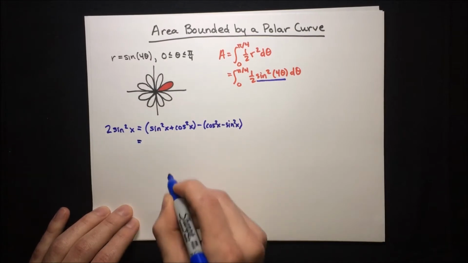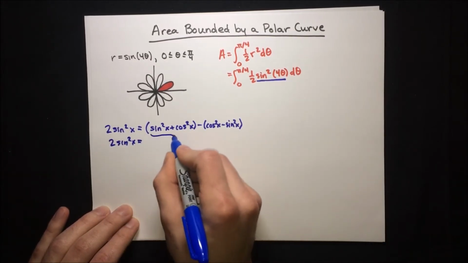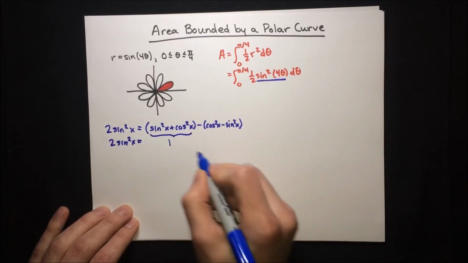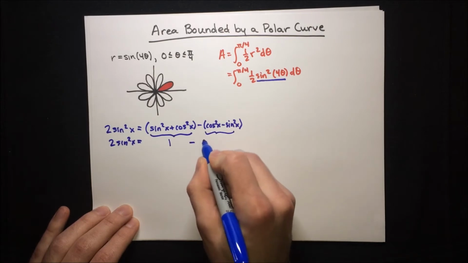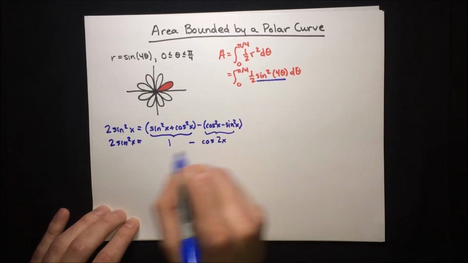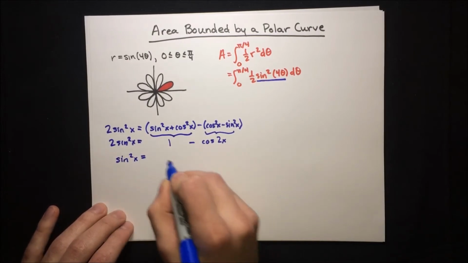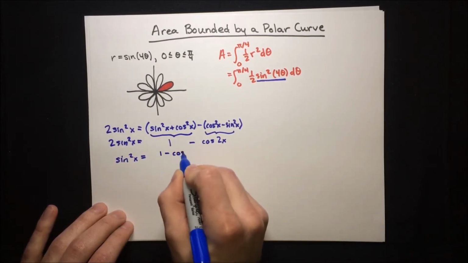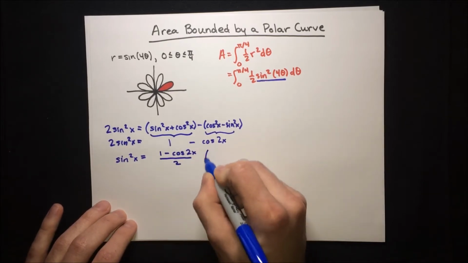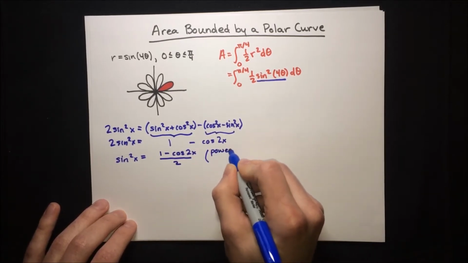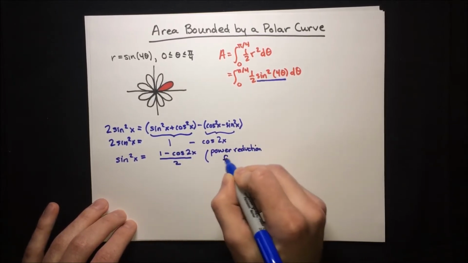And using our trig identities, we can write this sine squared plus cos squared, that's just 1, and then this cos squared minus sine squared, that's just cos 2x. So we can say that sine squared x equals 1 minus cos of 2x over 2, and that's known as the power reduction formula.